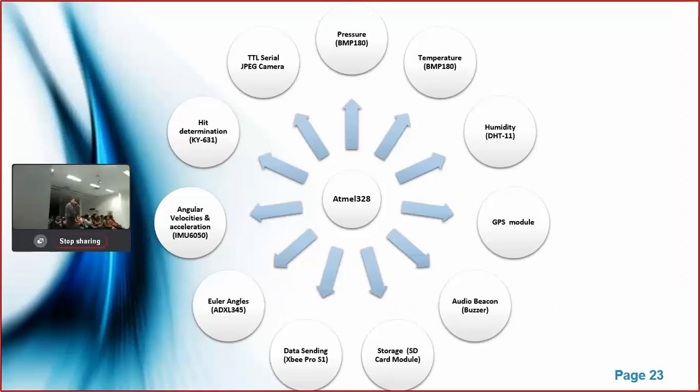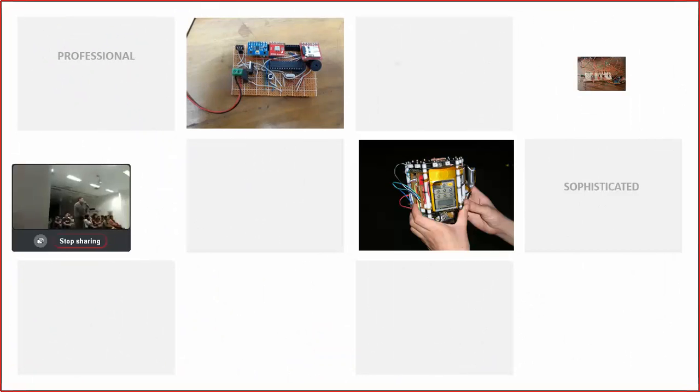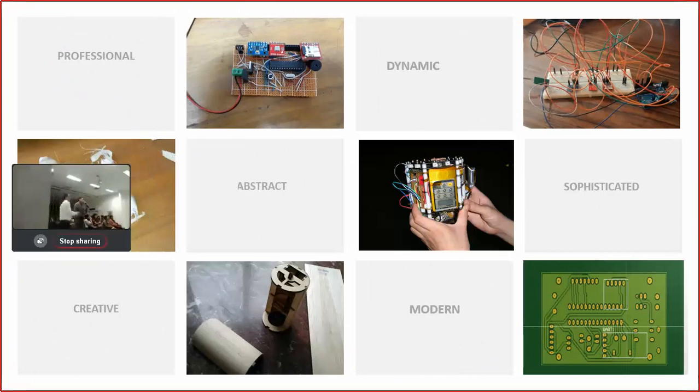We must collect more data about the conditions or parameters of the atmosphere around us. Our mission is the only thing that tells us to use this sensor and not that sensor. Our CANSAT can be described easily by these points.